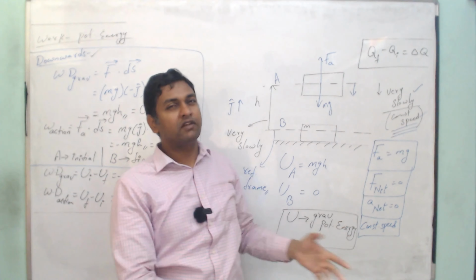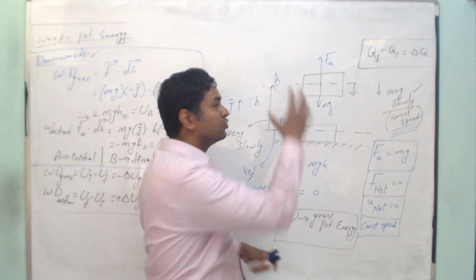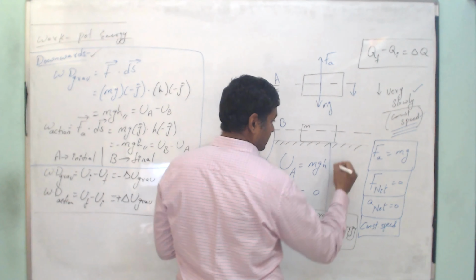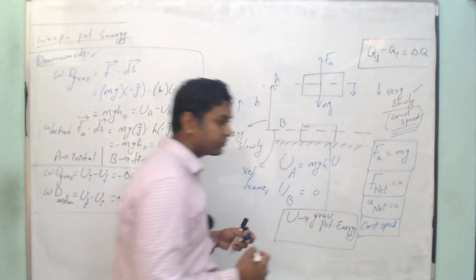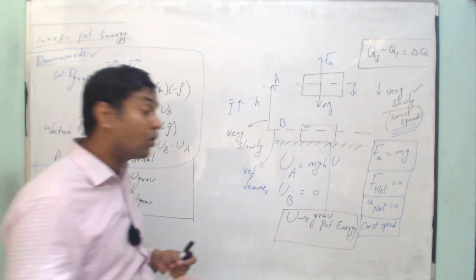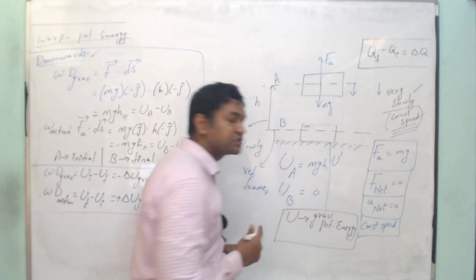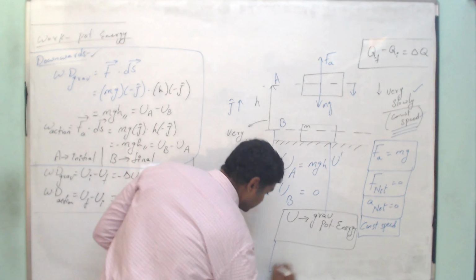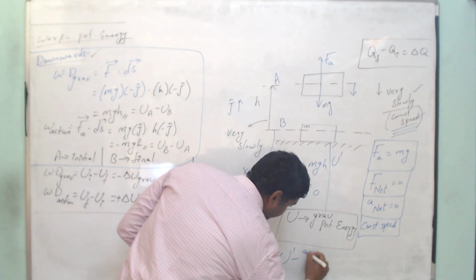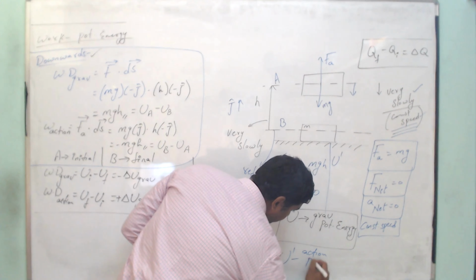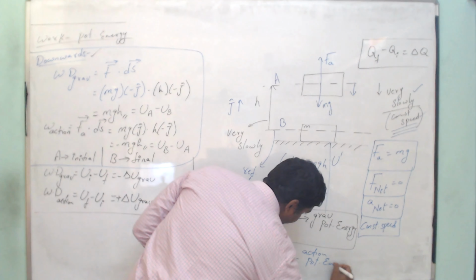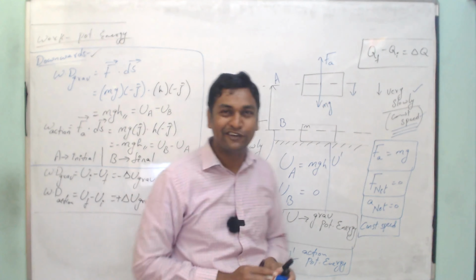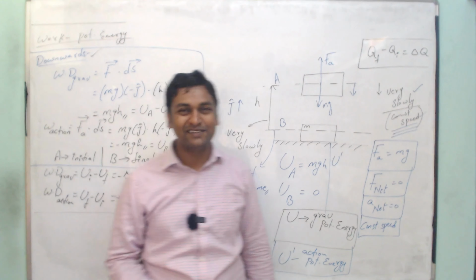But if I rotate it 180 degrees, the potential energy of the action force I will write as U dash. U is gravitational potential energy. U dash is action force potential energy. Sir, but all the things will be the same only: 10 Newton, 10 Newton, 100 joule, 100 joule. All the numbers are the same.